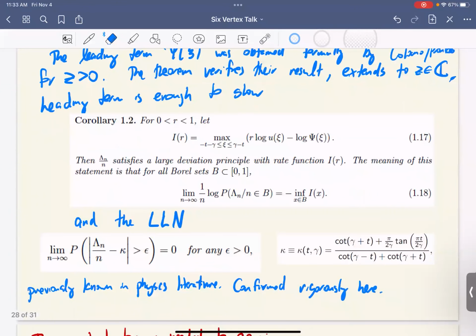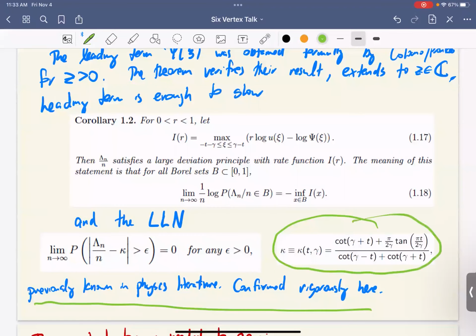And you can write down a law of large numbers, so you can figure out asymptotically where the Arctic curve touches the boundary. And that had been done already by Colomo and Pronko. So there's a formula here for the point at which the Arctic curve touches the boundary. They wrote that in their papers 14 years ago or something.